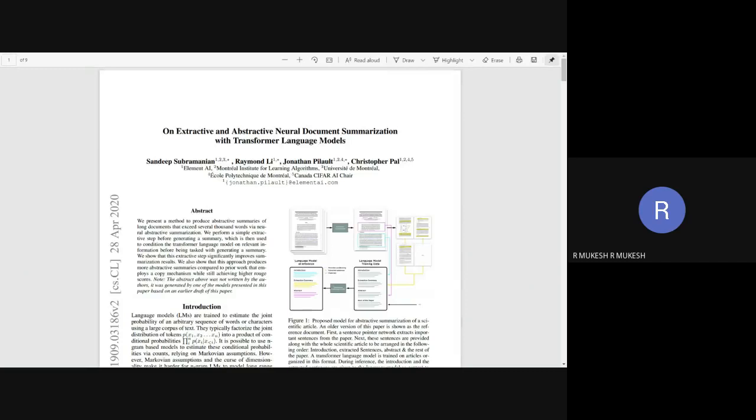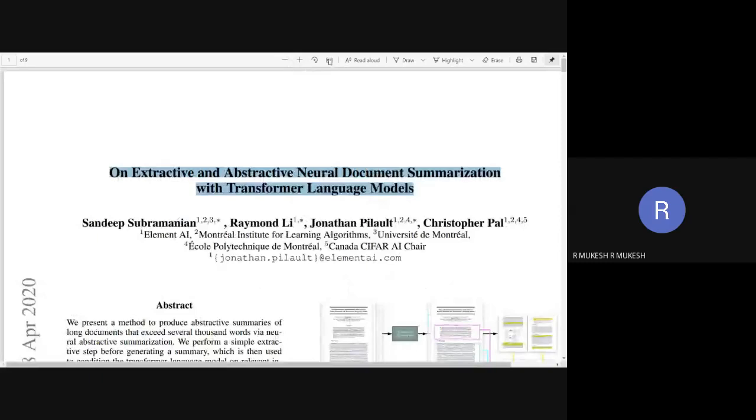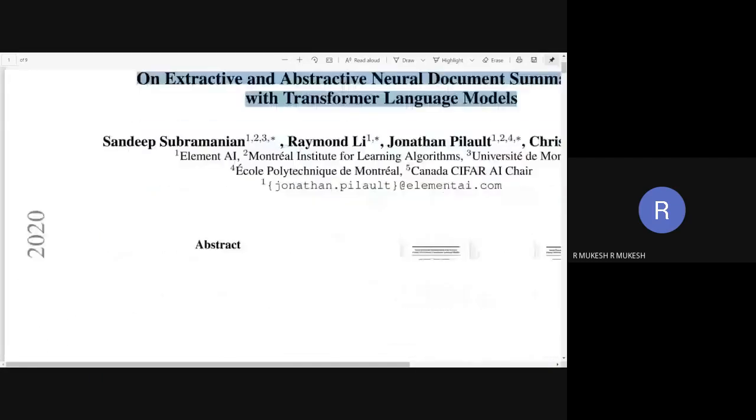Just give a minute as this loads. Okay, so this is a paper on abstractive and extractive summarization using a deep learning model. And the surprising thing is in the abstract of this paper, right? So let's just go ahead and read the abstract, right?